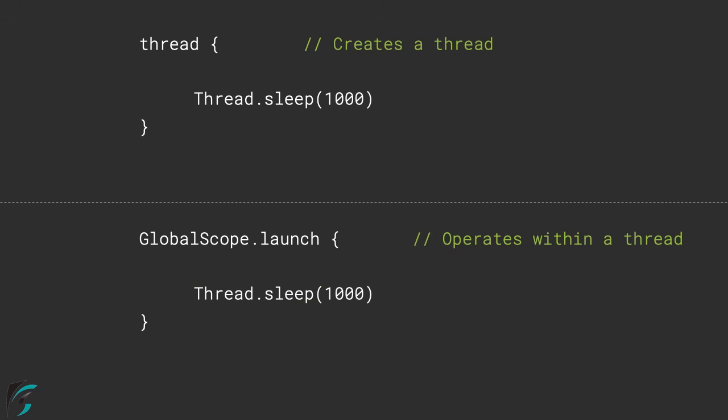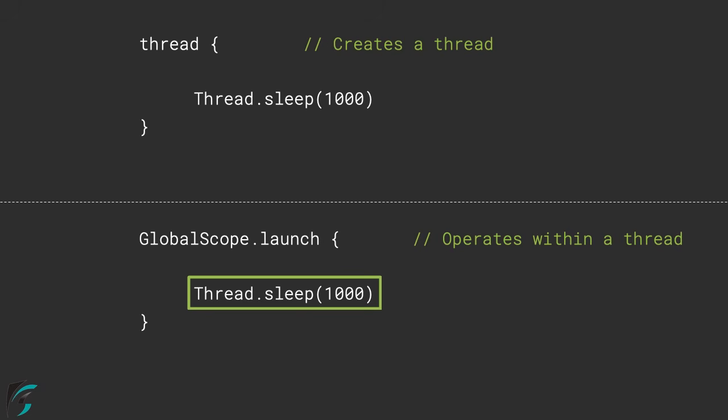But we used the same Thread.sleep function within our coroutine as well. Now this Thread.sleep basically blocks the entire thread. So if some other coroutine is operating within the same thread as this coroutine, then it will basically block that other coroutine as well, which is not good, right? And it basically violates the principle of using coroutines.